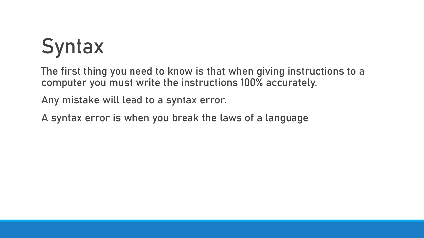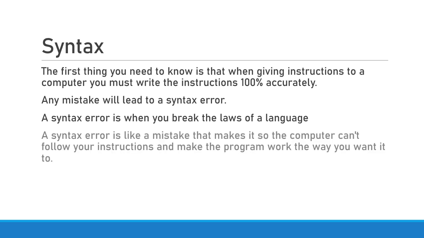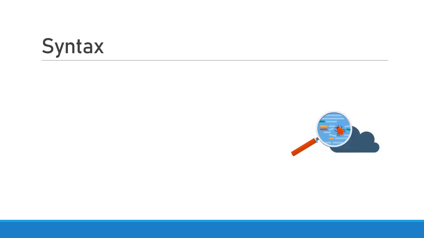But unlike your English teacher that will be able to read your work, regardless of whether you've got spelling errors in there or not, a computer cannot continue if it gets an error in your instruction. So it's a mistake in your code. That means the computer can't follow your instructions and make the program work the way you want it to.